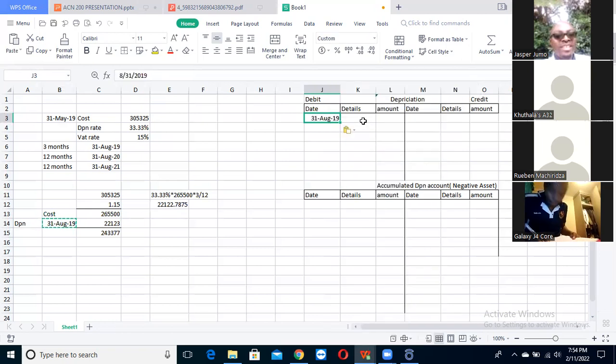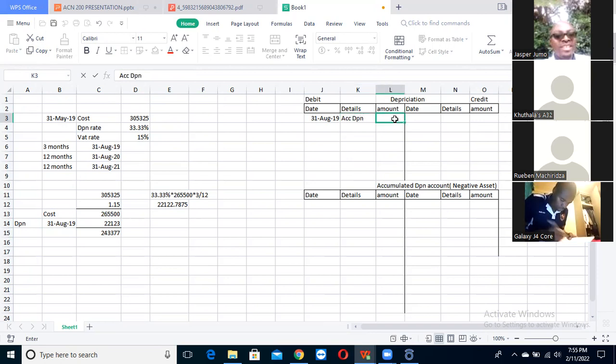So the date that we use is always the date that is given in the question. In the narration I have said, we use the name of the other account. I just came to the debit side because I explained already that depreciation has got a debit balance. So you want to take the depreciation charge here of 22,123 Rand. We come and record it here.